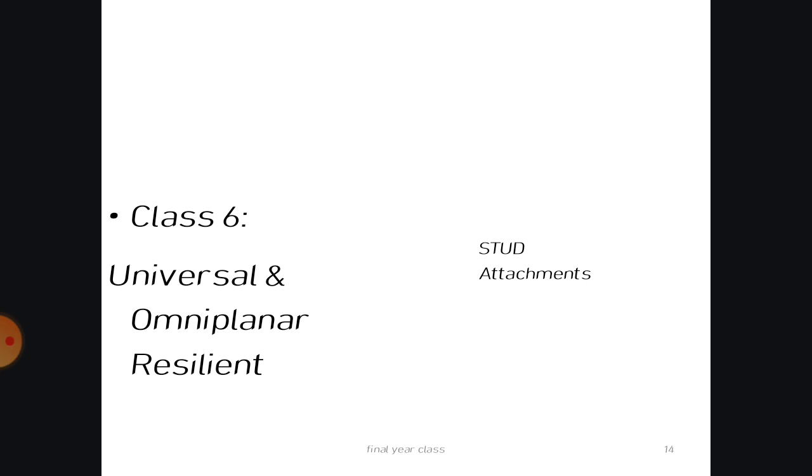That is the reason for classification from class 2 to class 6. So you need to remember all the class 1 to class 6 with the examples. If you want to know more about the different attachments based on function, you can Google it and see the different attachments, or you can refer to the textbook wherein you can get the different pictures of the different attachments. So that is the classification based on function.